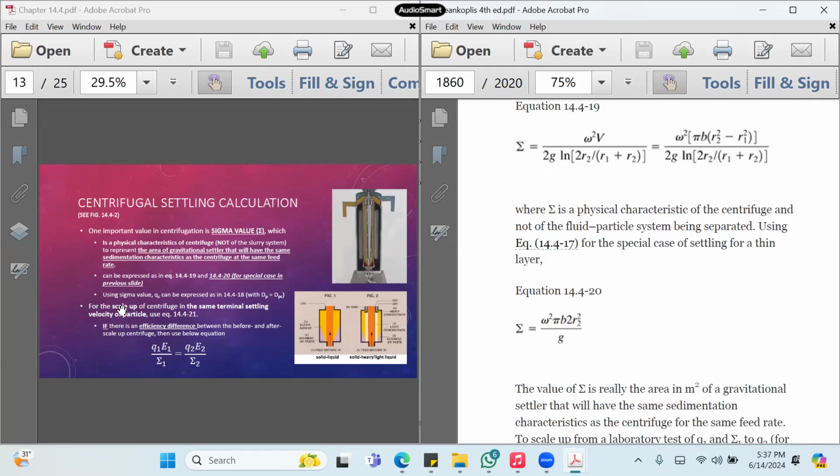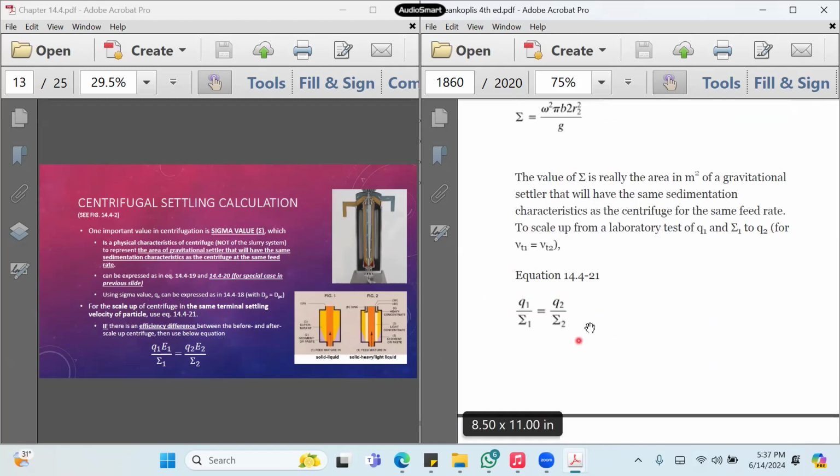However, I want the particle to have the same terminal settling velocity, the same VT. So you can use equation 21. When we want to scale up the centrifuge from the small one to the big one with the same terminal velocity, we can use equation 21.